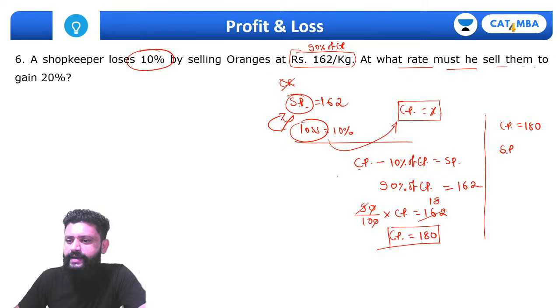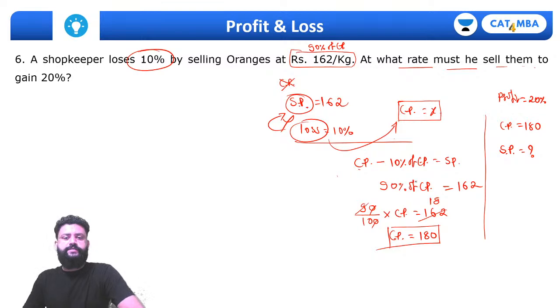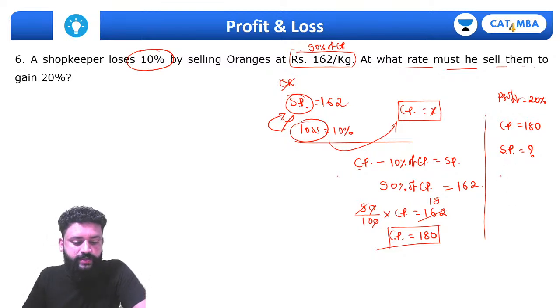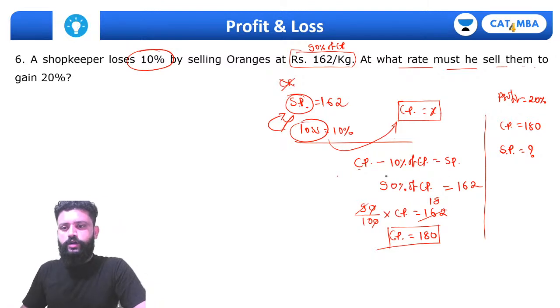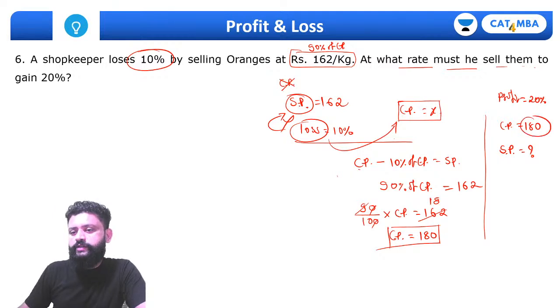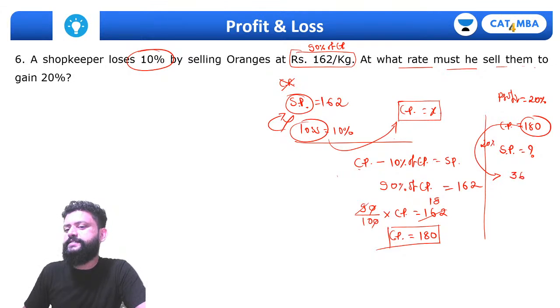Now what should the selling price be so that he gets a profit of 20%? 20% of what? 20% of 180, right? So what will be 20% of 180? It has to be 36.